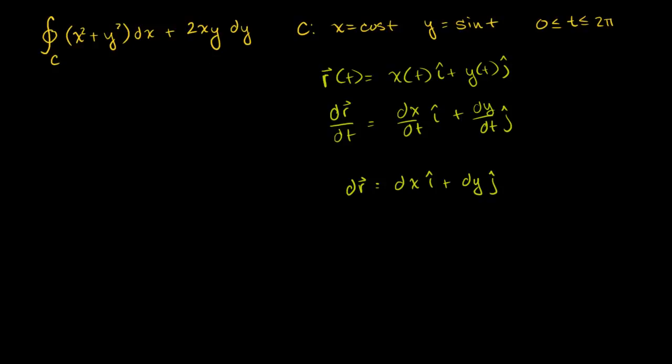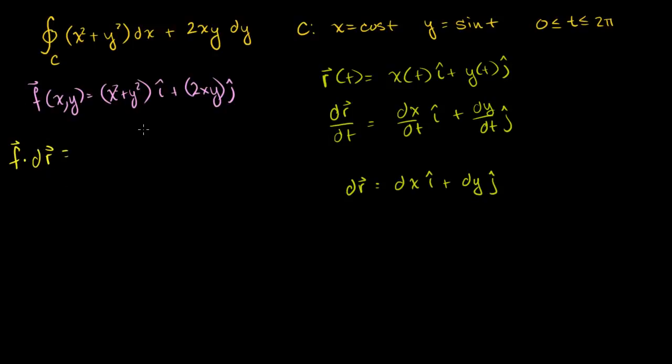So if we define our vector field f of xy as being equal to x squared plus y squared i plus 2xy j, what is this thing? What is this thing over here? Well, what is f dot dr going to be?